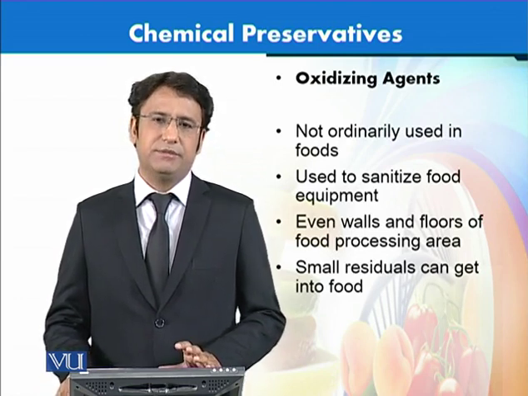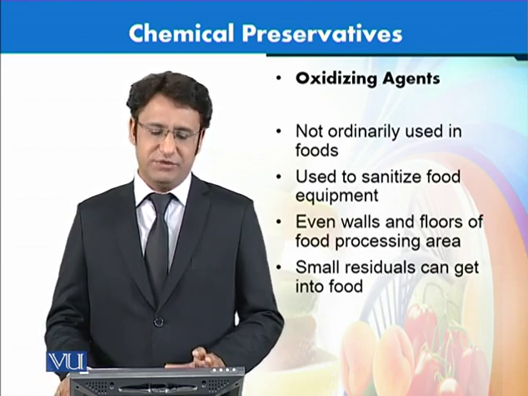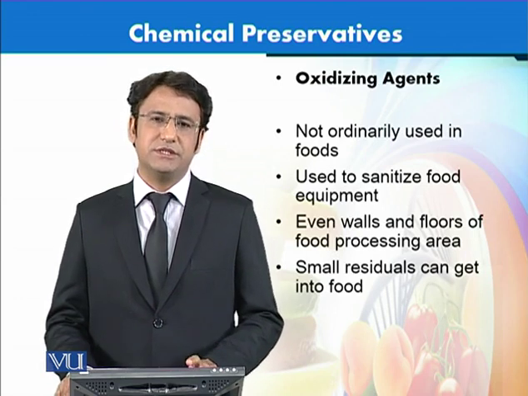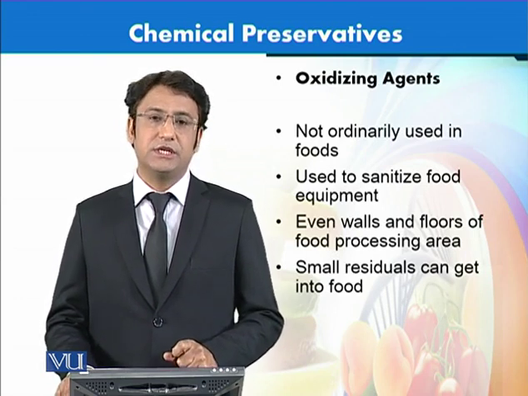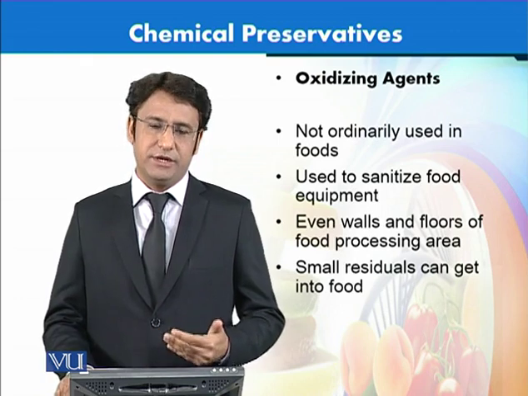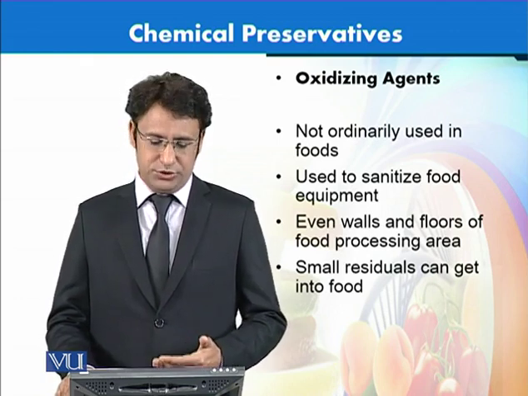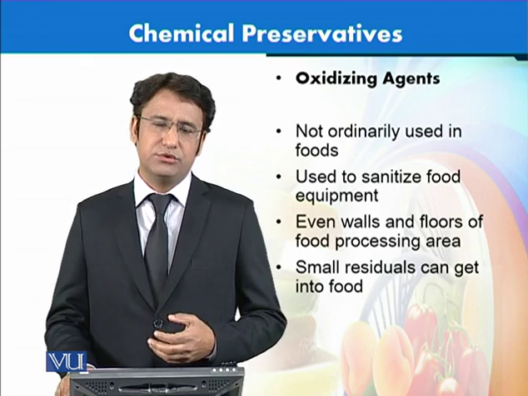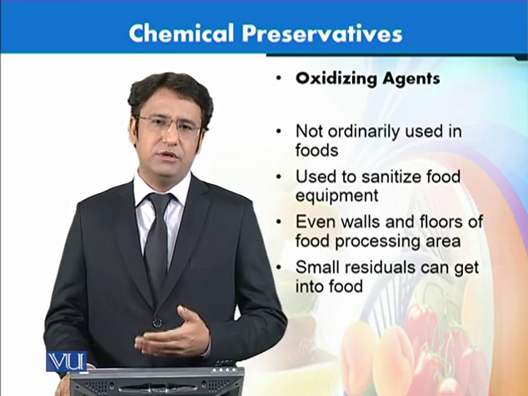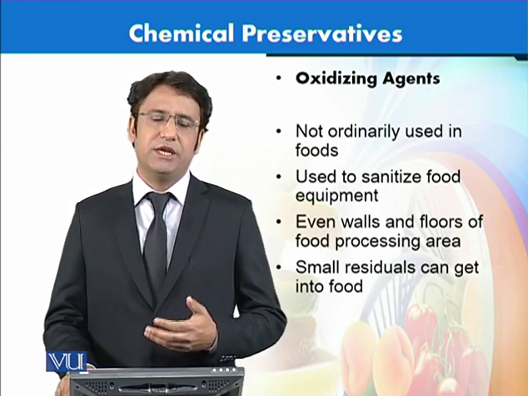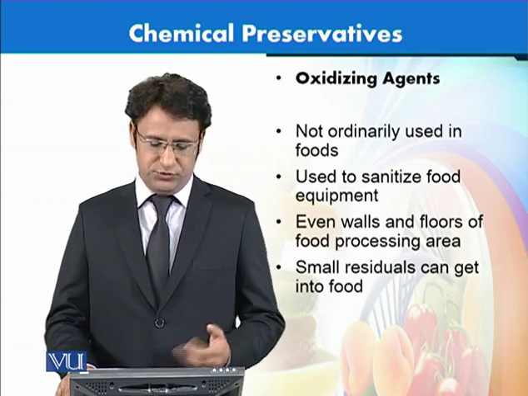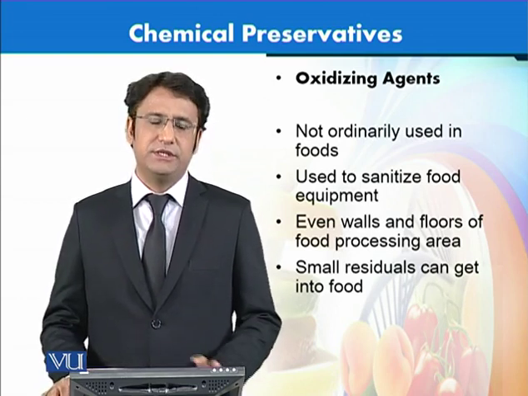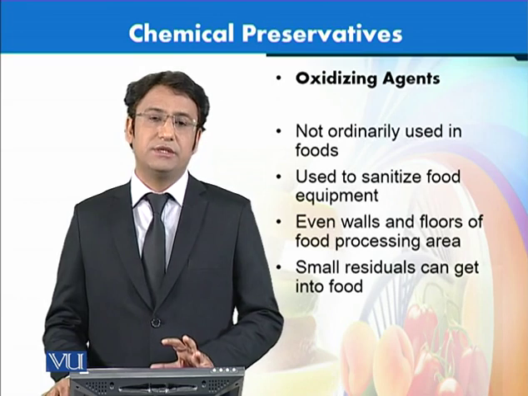Another example of chemical preservatives is certain oxidizing agents. Although these oxidizing agents cannot be directly added into the food, they can be used to sanitize equipment, walls or floors of an area where we have to process food. But their residues are a serious concern.